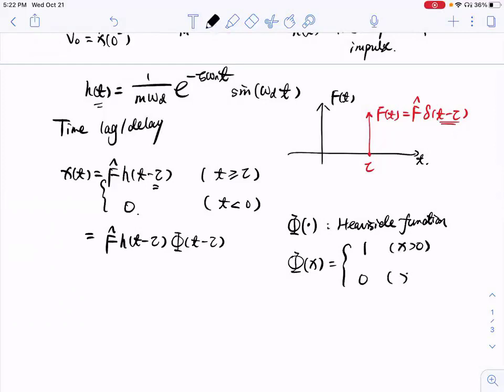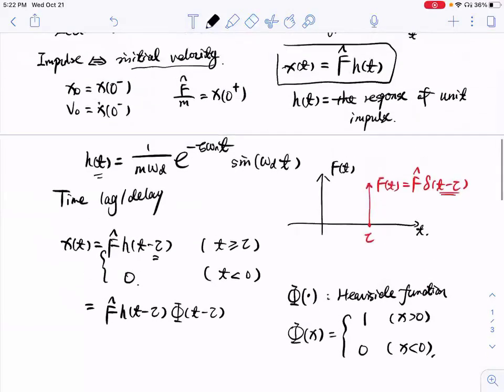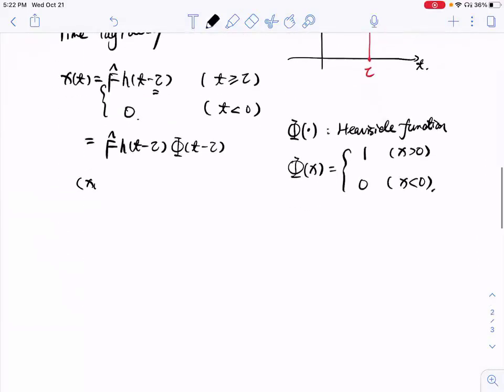It equals 0 when x is smaller than 0. Okay, so this function is nothing special. It just helps you to better write the piecewise equation. So this is your x(t) when x naught and v naught are 0, or your system is initially at rest.